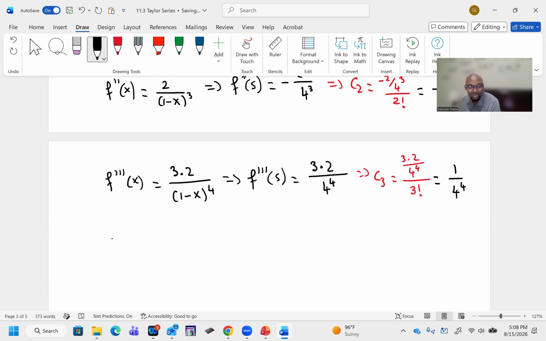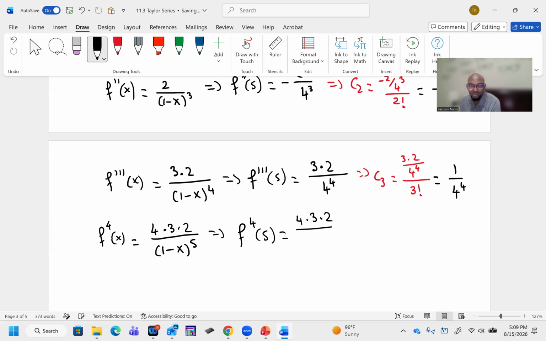So the fourth derivative of f of x will be what? It will be 4 times 3 times 2 divided by (1 minus x) to the power of 5, which means the fourth derivative of f of 5 would be 4 times 3 times 2 divided by negative, right? Because this is odd, so we'll have a negative here, divided by 4 to the power of 5.